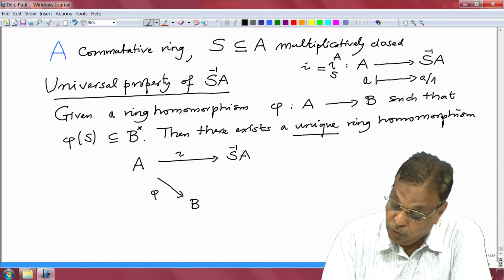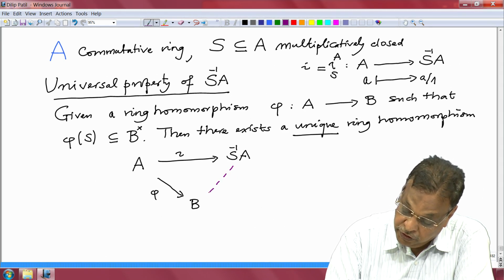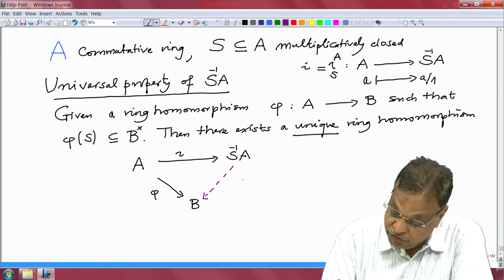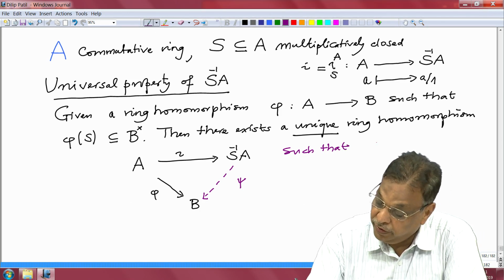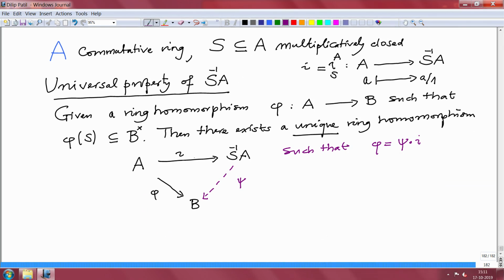Then there exists a unique ring homomorphism from this ring S inverse A to B, that I will denote psi, such that phi equals psi composed with iota. That means this diagram is commutative.